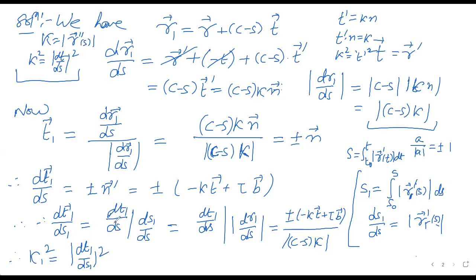So now kappa 1 square will be this mod square, ये कप्पा का है, इसका स्क्वायर करोगे तो mod r double dash, double dash का मतलब क्या है? dt1 over ds1.